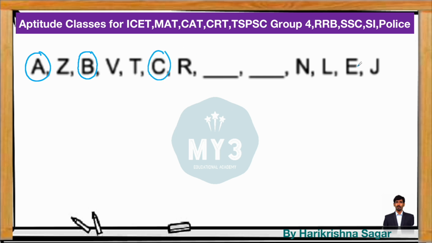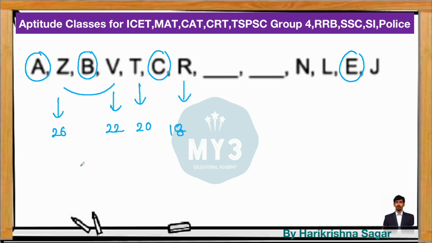So if you observe these letters, these are starting letters A, B, C and E, and these letters are ending letters. Z is 26 and V is nothing but 22, and this is nothing but 18, R is 18 and T is 20, something like that.